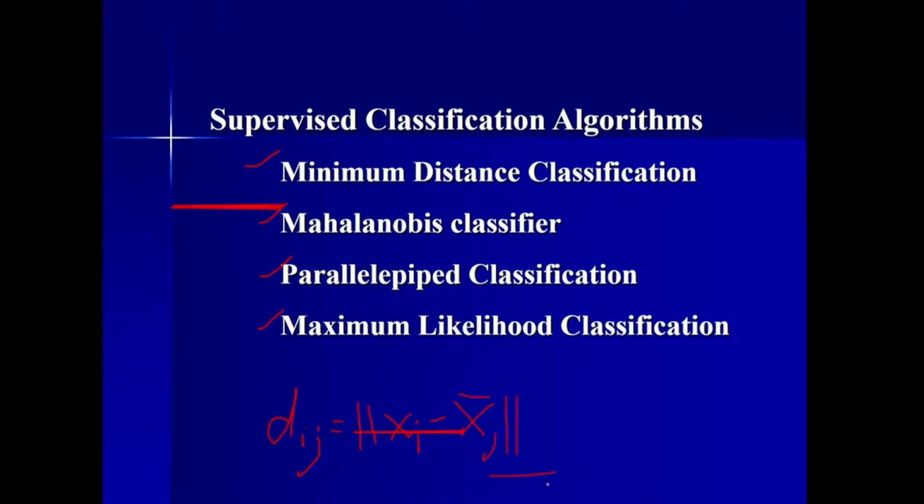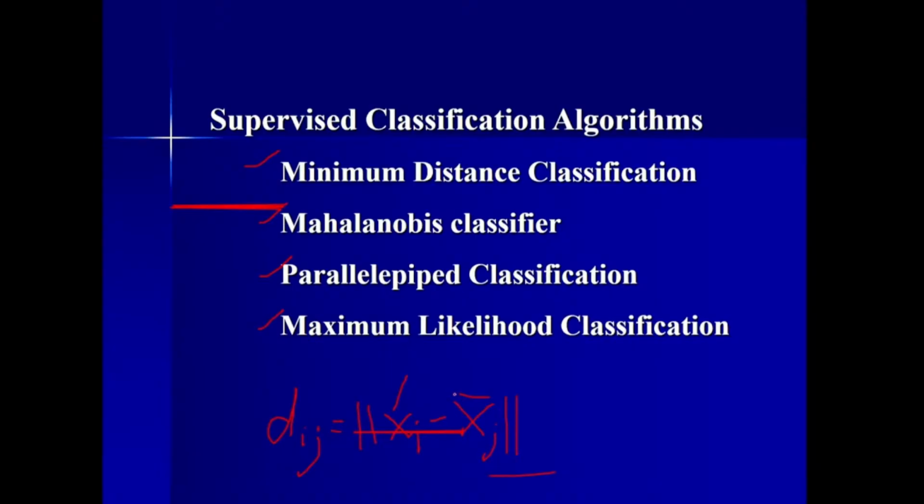Now in the supervised case, x_i is an unknown pixel. It starts with the first pixel in the image and goes through all the pixels of the image, and x_j bar is the mean of a particular class. It can be for water body, it can be for agriculture, because we have the ground truth. So we can say x bar 1 belongs to class water, x bar 2 belongs to class agriculture, like that.